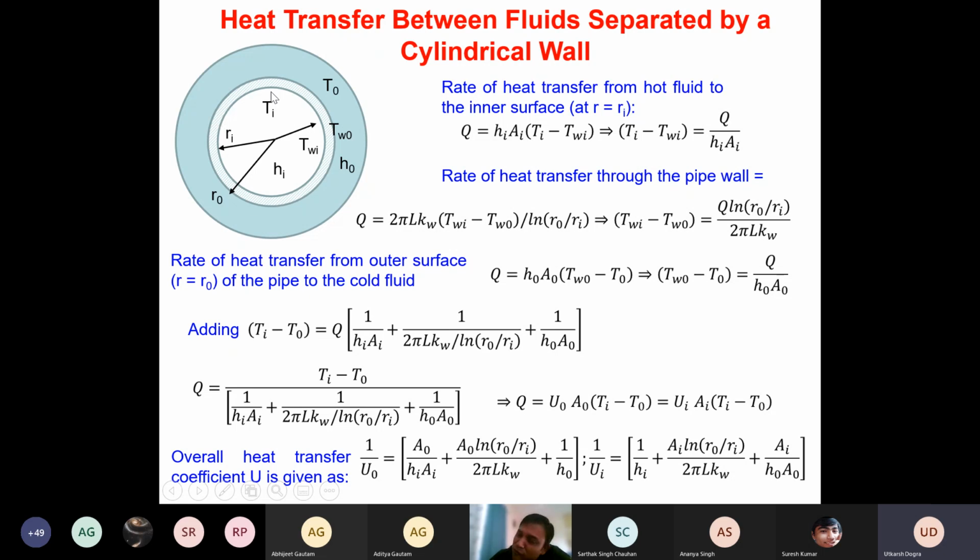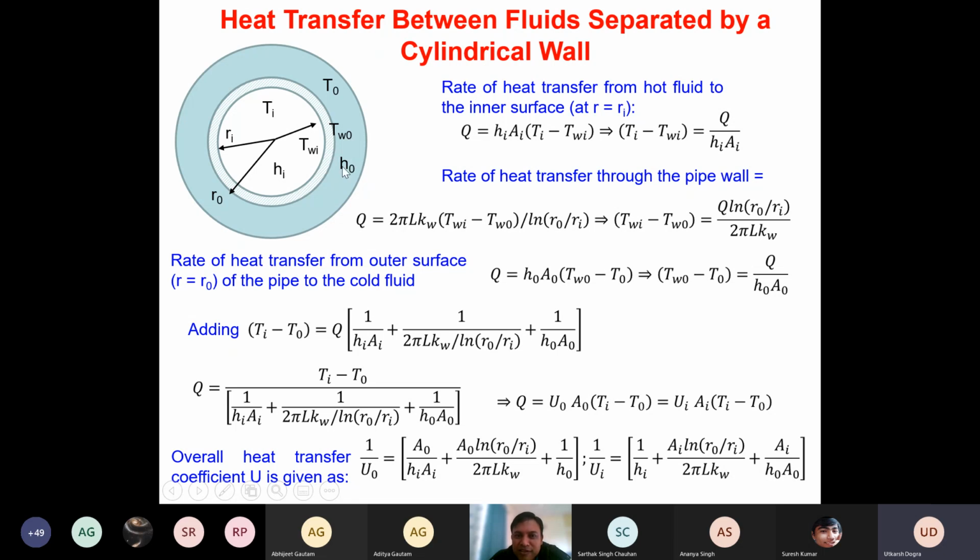Now, both the fluids are moving. One fluid is moving through the annular region, another fluid is moving through the inside pipe, and therefore there will be a heat transfer coefficient inside as well as outside. Do you agree? Yes, sir. So there is a heat transfer coefficient here outside in the annular fluid. Similarly, there will be a heat transfer coefficient here inside in this fluid, isn't it? So this heat transfer coefficient is Hi.